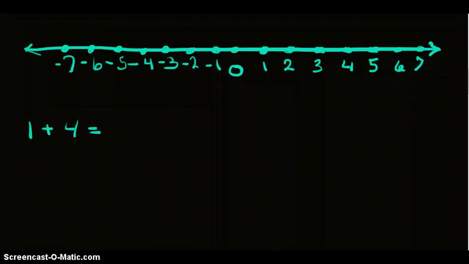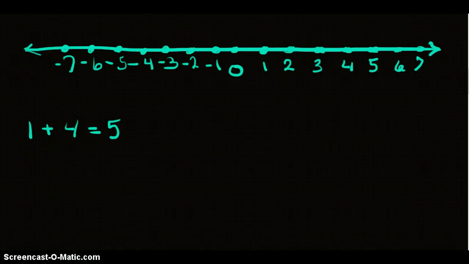When you're doing a math problem with a number line, you start with the first number that you come to, left to right, and that would be whole number 1. That would be right here. So we say 1, and then we're going to add 4 numbers to the right because they're all positive numbers. 1, 2, 3, 4. And you see that we easily come up with 5, whole number 5. So that is our answer.